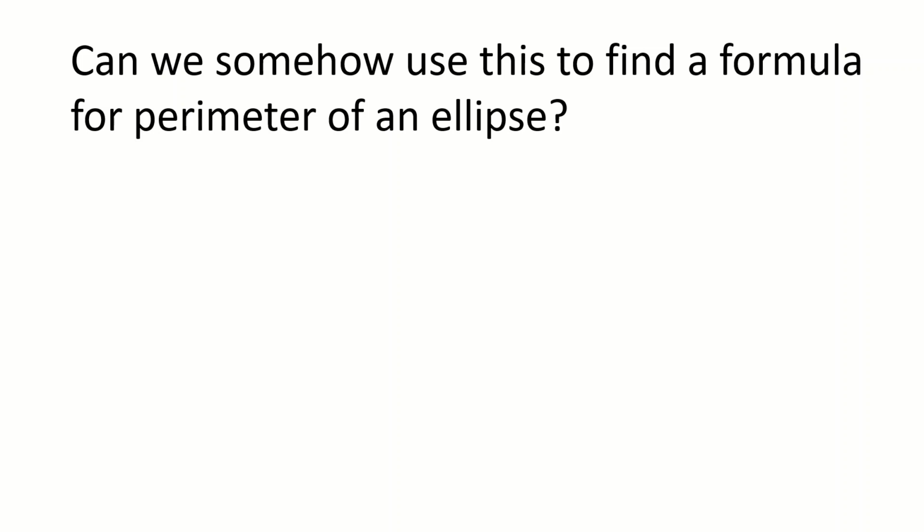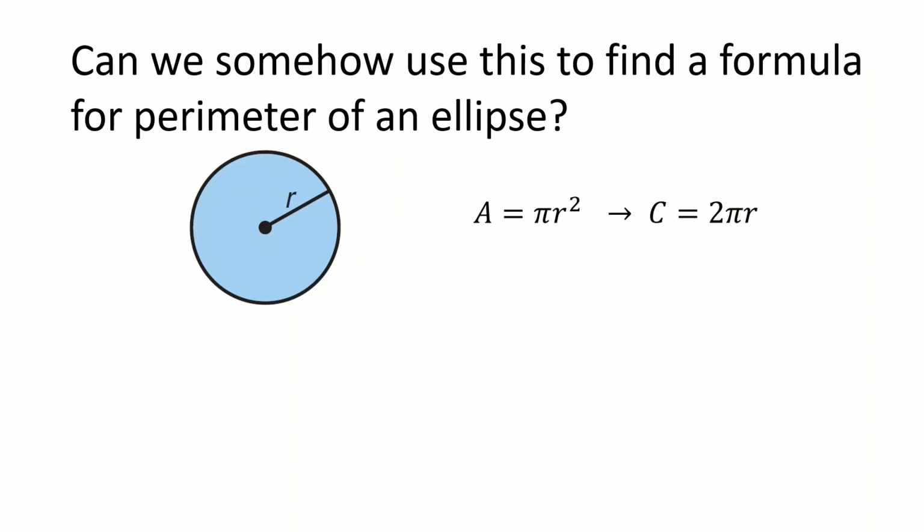Now, one thing you might wonder is if we can use this method to find a formula for the perimeter of an ellipse. Because in a circle, if the area is pi r squared, you can take the derivative and get the formula for the perimeter, 2 pi r.